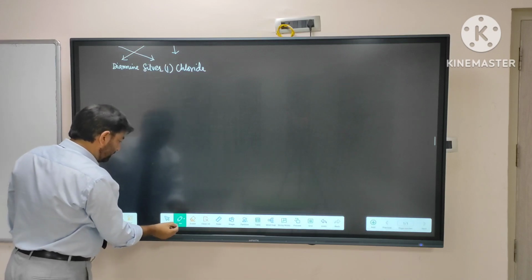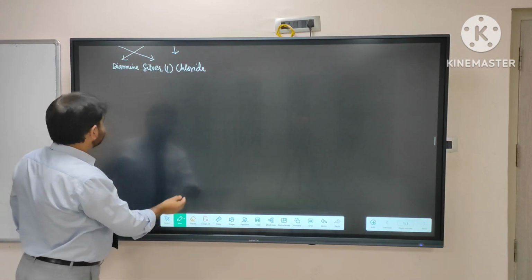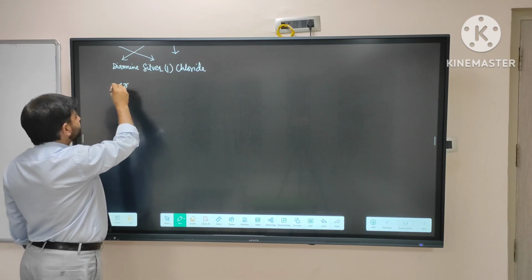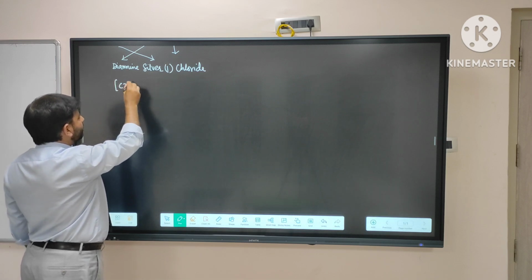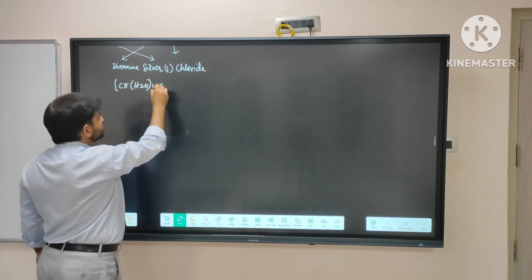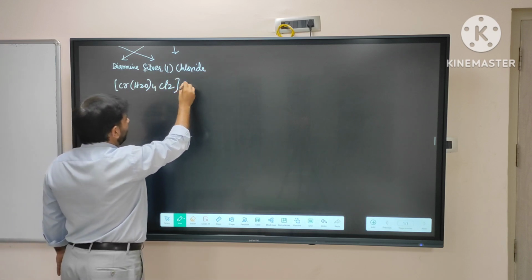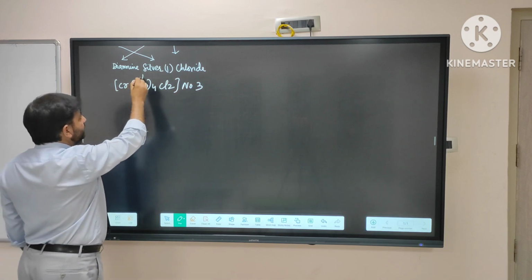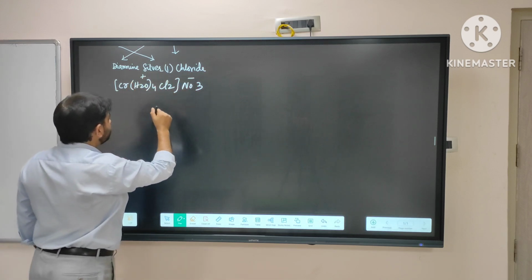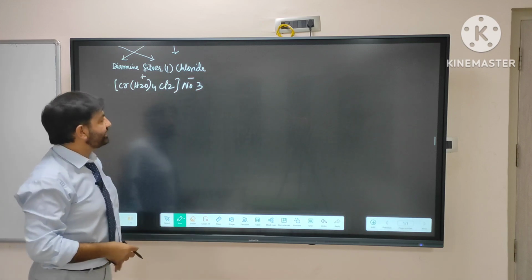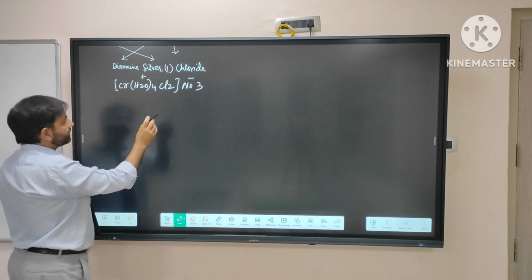Here I have already given one example, I will give that again. For example, we have H2O 4 times, Cl 2 times, NO3. Now how to name this? We have 2 parts, one positive, one negative. This coordination sphere we consider positive, and the counter ion is negative in this case.